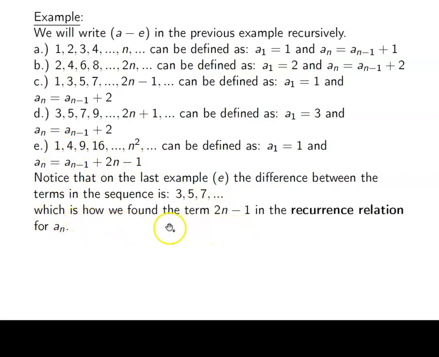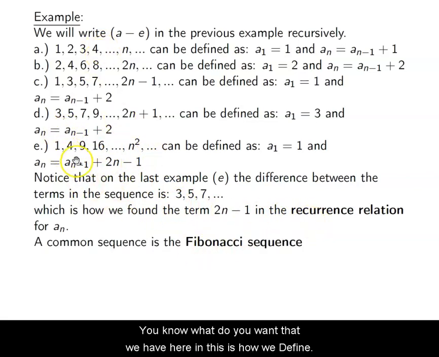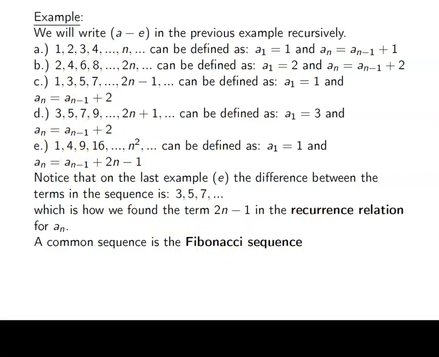So that's how I find my recurrence relation, by looking at the difference in values from one to the next. Okay. Sometimes it's not that easy, but you know, for the ones that we have here, this is how we define the recurrence relations.